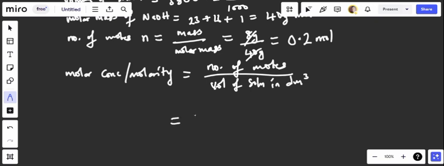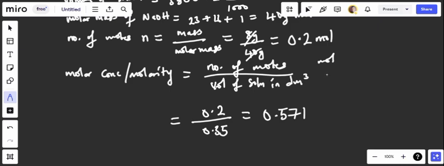So our molar concentration will now be what? 0.2 divided by 0.35. When you do that, you will get 0.571. What will be the unit? The unit of number of moles is mole, and the unit of volume is dm cube.